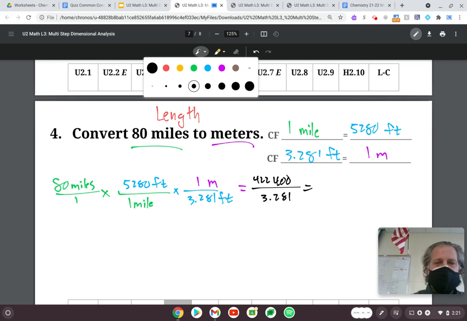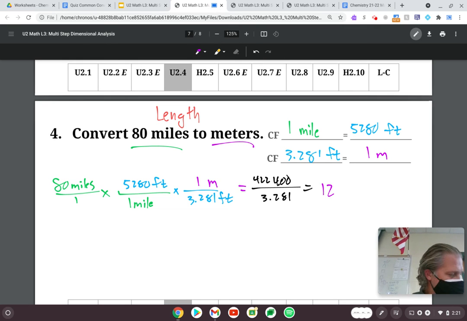And when you simplified that out, you got something like this.